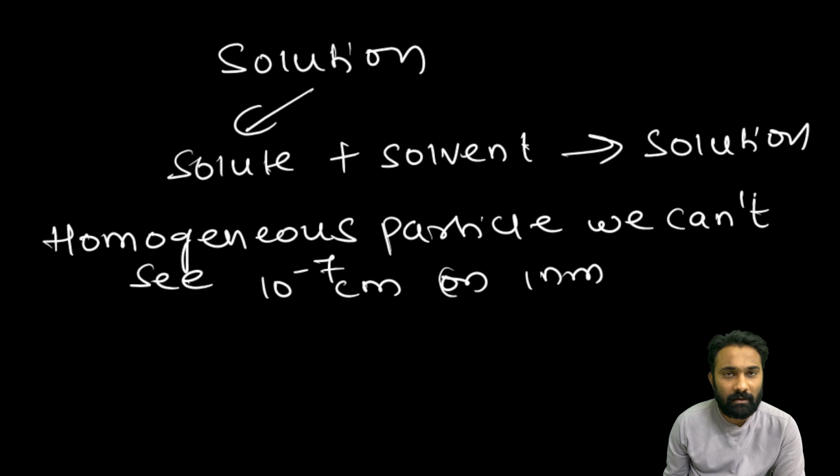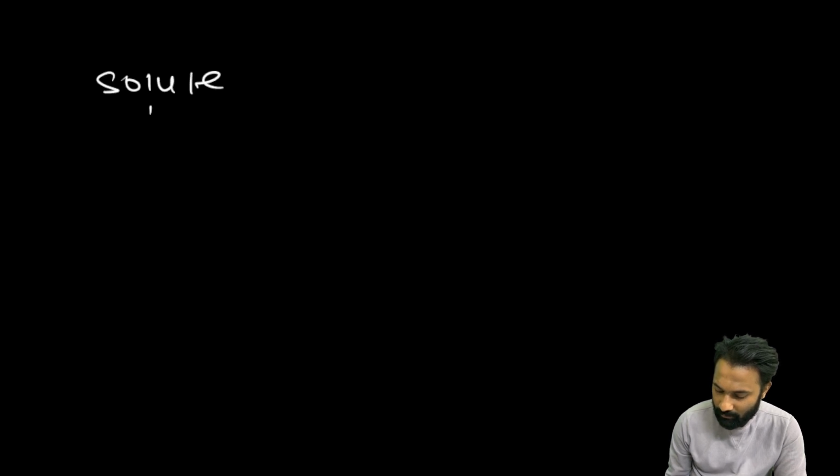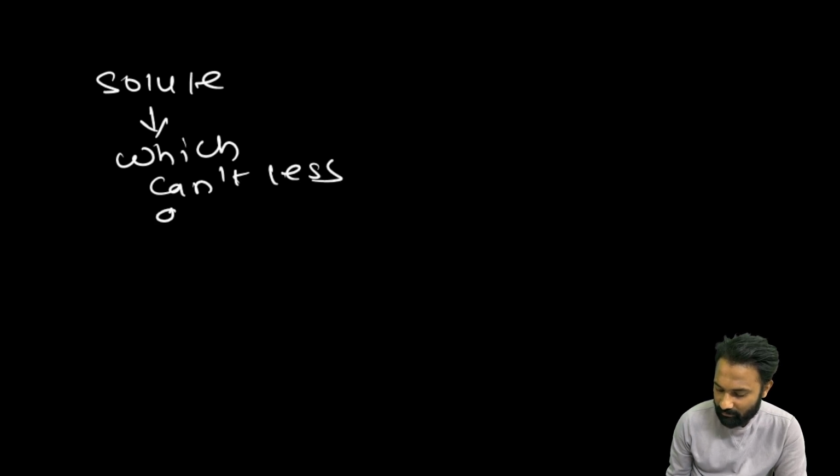Clear? 1 nanometer. Done. Next, how to identify the solute and how to identify the solvent, that we have seen. Solute means the one which contains less quantity.